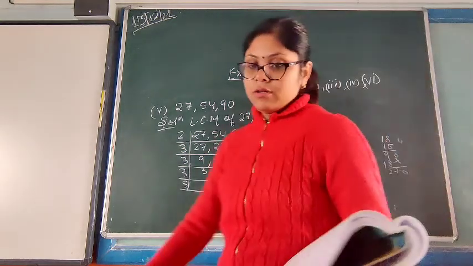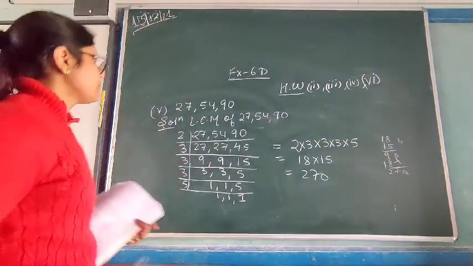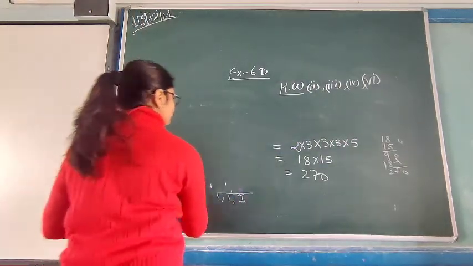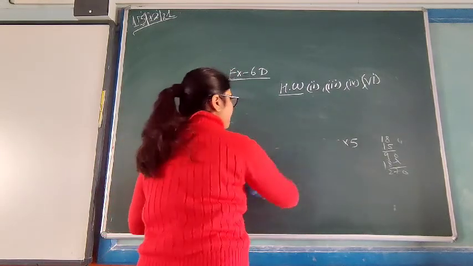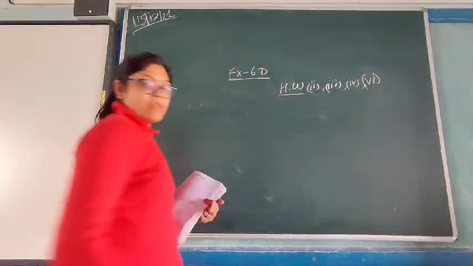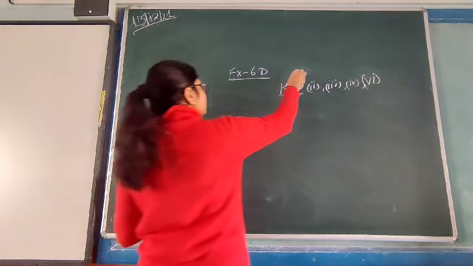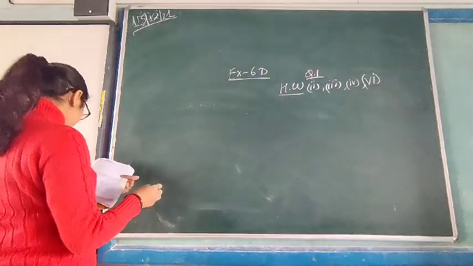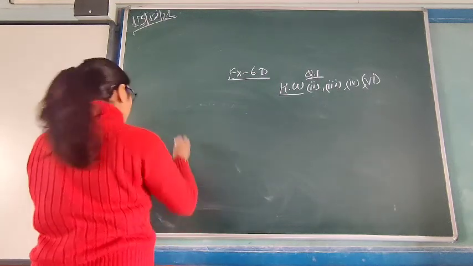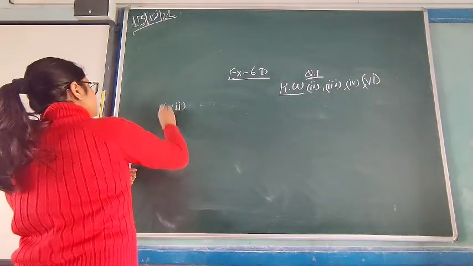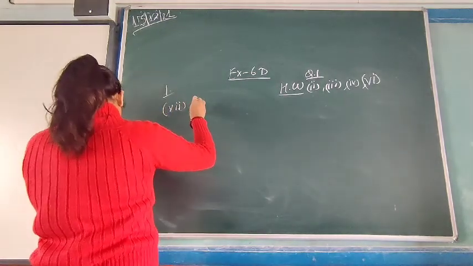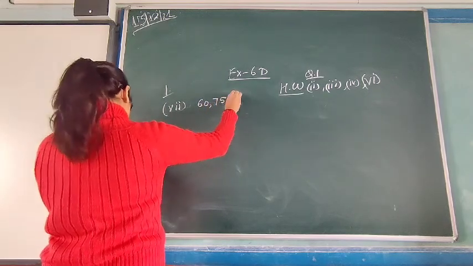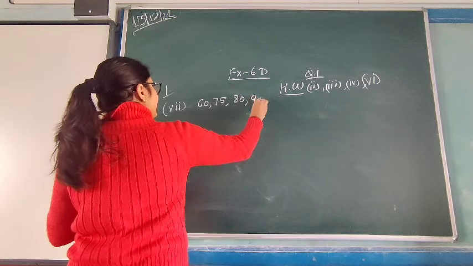Now come to the next question. Now next one is the seventh one. First 7. Let's do 60, 75, 80 and 90.